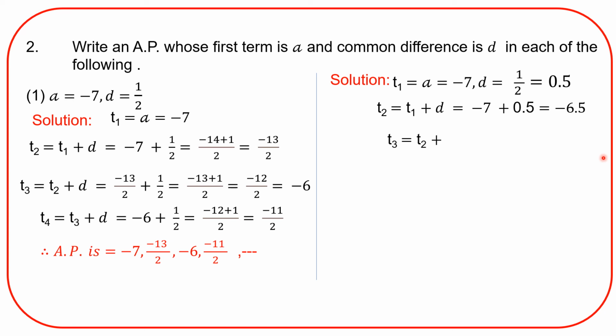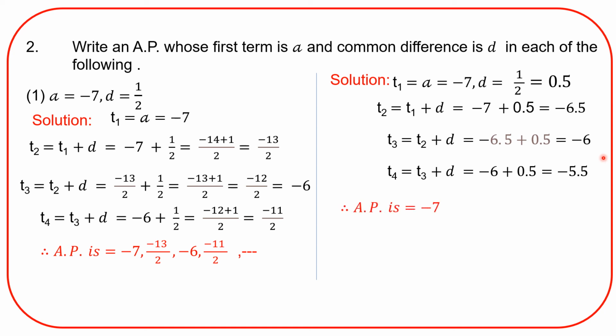T3 is equal to T2 plus D is equal to minus 6.5 plus 0.5 is equal to minus 6. T4 is equal to T3 plus D is equal to minus 6 plus 0.5 is equal to minus 5.5. Therefore, AP is equal to minus 7, minus 6.5, minus 6, minus 5.5, and so on.